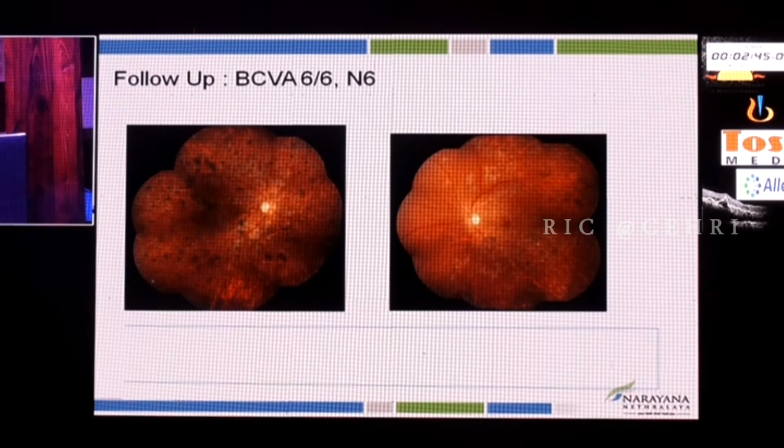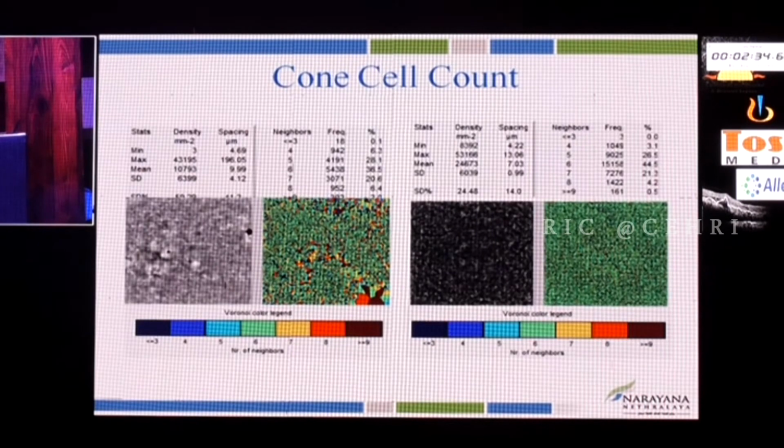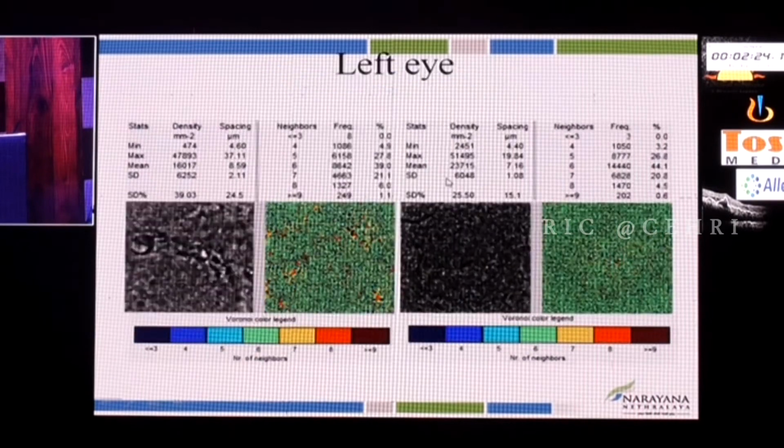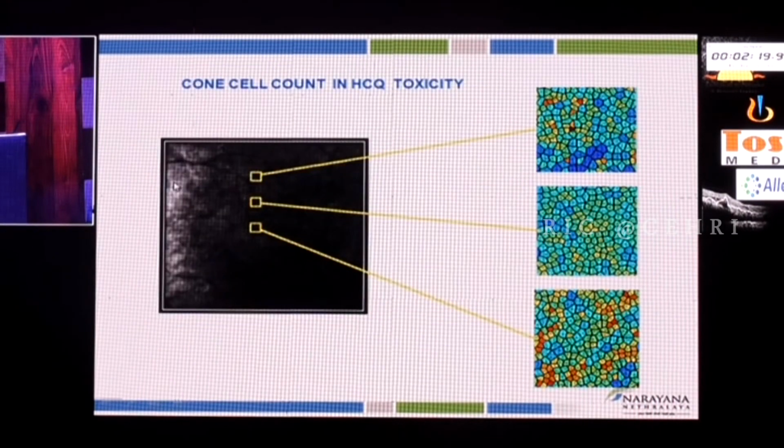On follow-up, there was complete resolution of the lesions, and the patient's visual acuity is 6/6 and N6, but the patient is unhappy with the vision and was complaining of decreased contrast and discomfort. So when we put the patient on adaptive optics, we could see the decreased cone cell count. This is about 10,000 and odd in the right eye. Age matched control is about 24,000. In the left eye also it's decreased to 16,000.